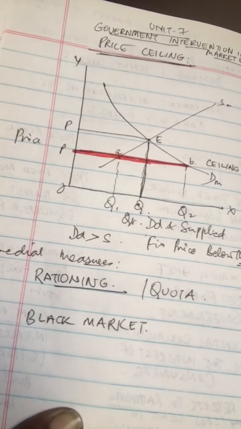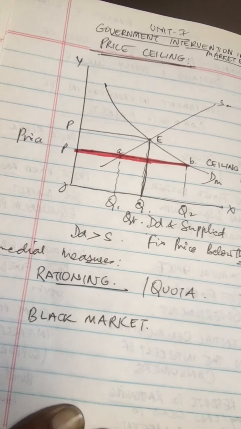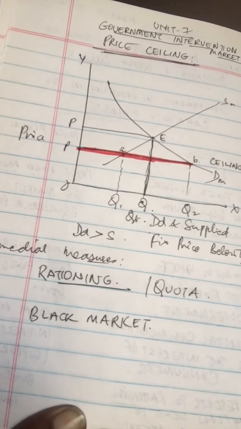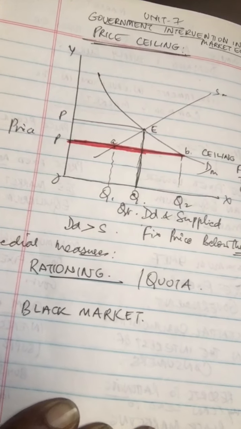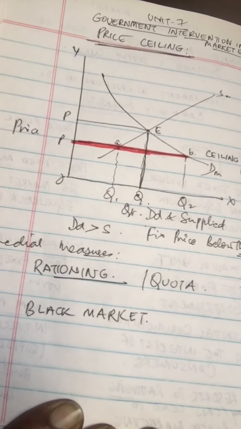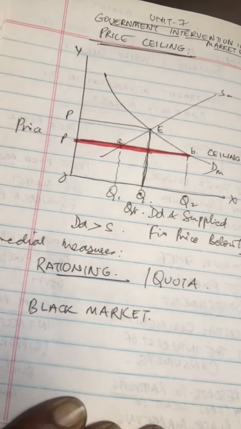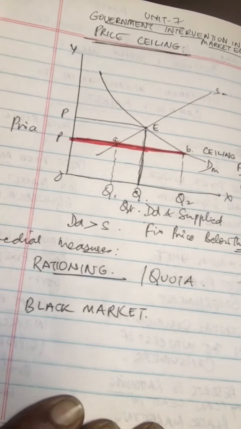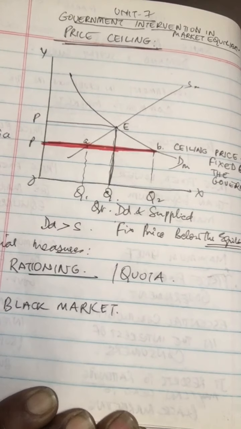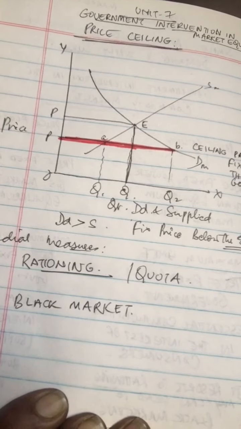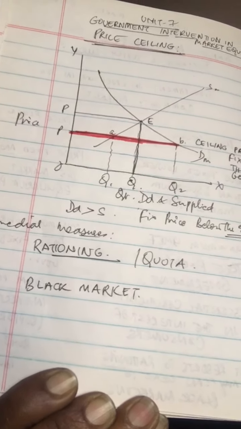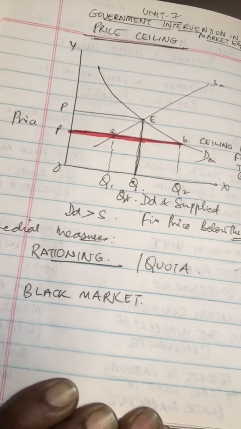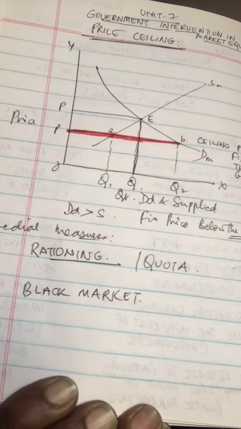But price ceiling with rationing is not totally free from demerits. Now, in this regard, we can see that there are a lot of complaints that there will be long queues at the rationing store to get your allotted quota, and also you can be offered a very low quality product, and sometimes these ration goods find a way into the black market rather than being delivered to the poor.